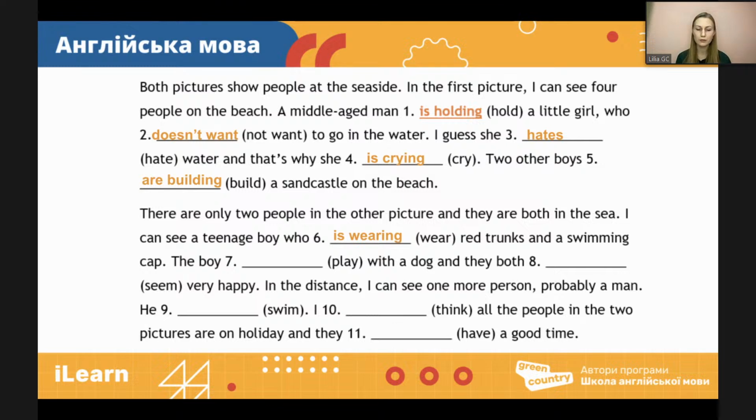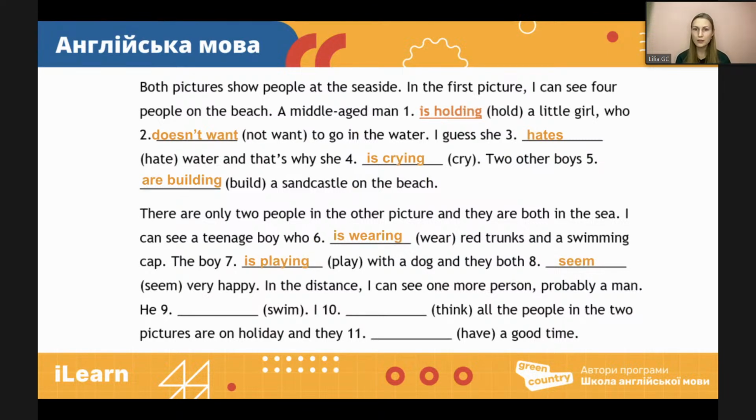The boy, so he is wearing, активно носить на собі одяг. So in English, it can be used in continuous. So number 7, the boy is playing with the dog, yeah, right? And they both, number 8, seem, здаються, stative verb, no continuous, very happy.